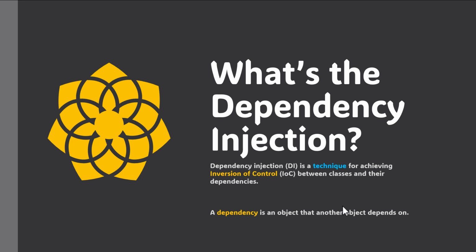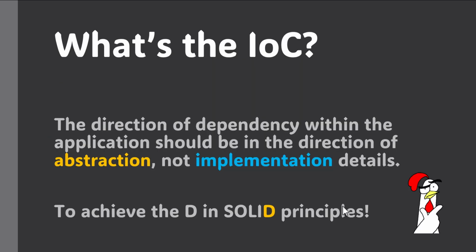When we have a class that calls another class inside it, that class has a dependency on the other one. IOC comes from one of the SOLID principles, the last one, and one of the most important.